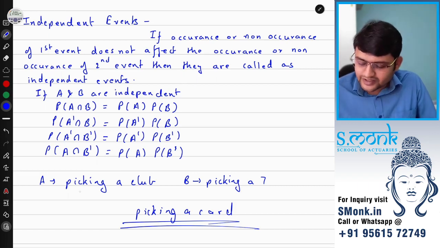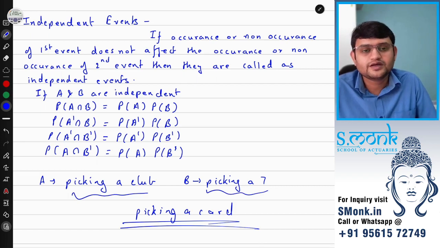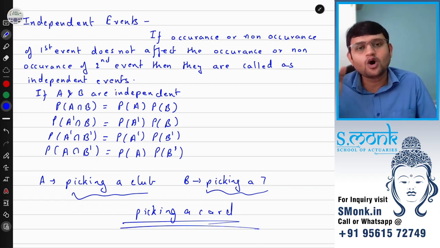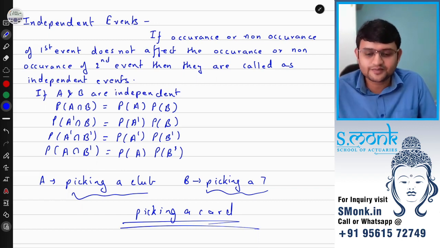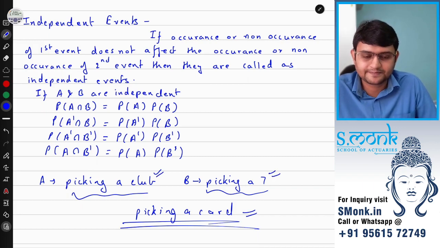Now they are events in themselves as well, but one of the properties of a set is that a set can be a subset of another set. Similarly, an event can be an outcome of another event as well.